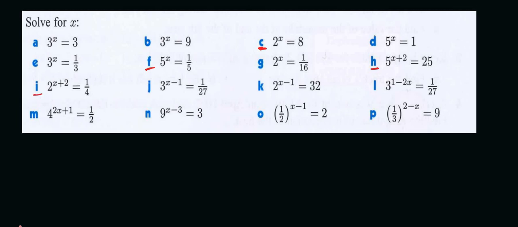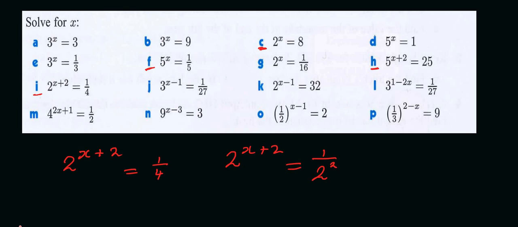So I, so we have 2 exponent x plus 2 is equal to 1/4. So we have the base to be 2. So automatically this becomes 2 exponent x plus 2 is equal to 1 over 2 exponent 2.